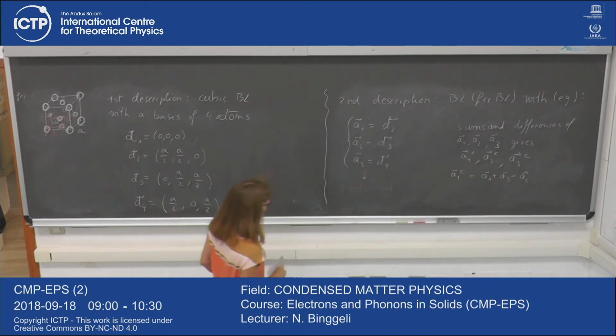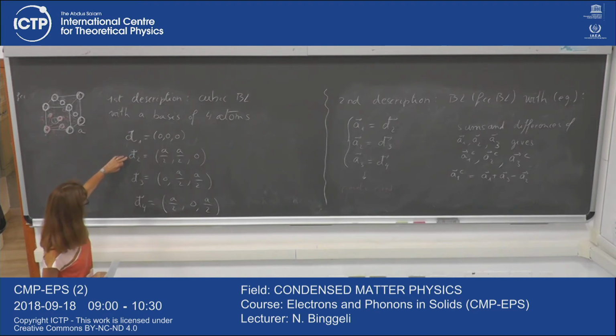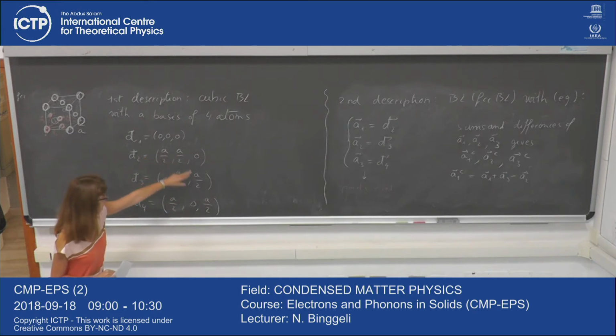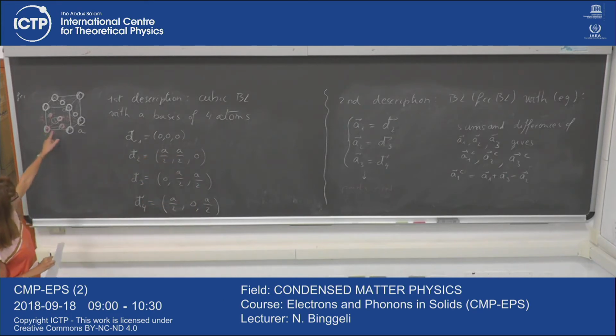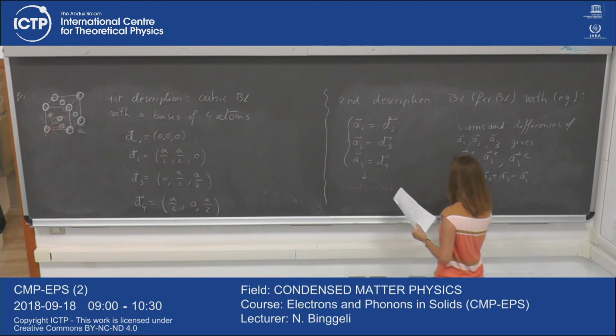So if I do A1, which is this vector, plus A3, which is this vector, minus A2, which is this vector, I obtain A, 0, 0, so I obtain indeed the primitive vector of the cubic lattice.